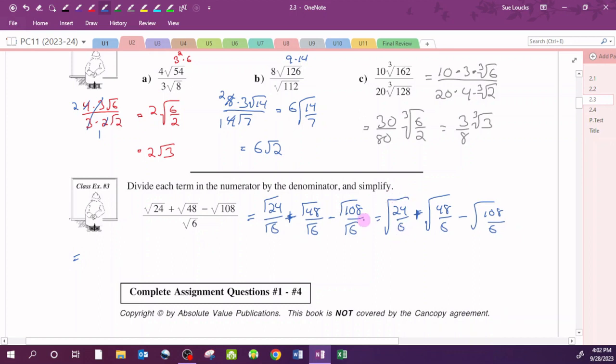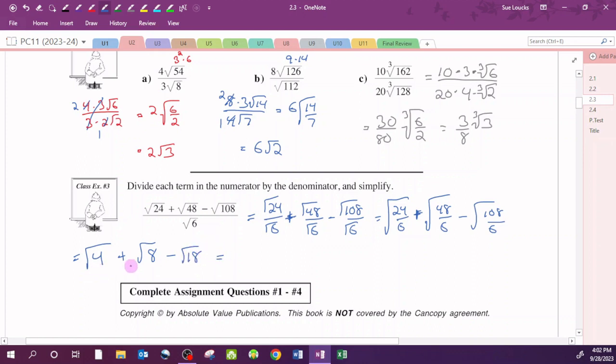And since 24 divided by 6 is 4, that's the square root of 4. And 48 divided by 6 is 8, so that's the square root of 8. And 108 divided by 6 is 18, so that's the root of 18.